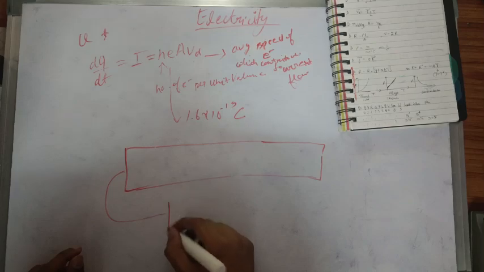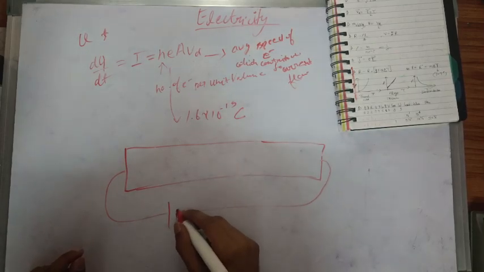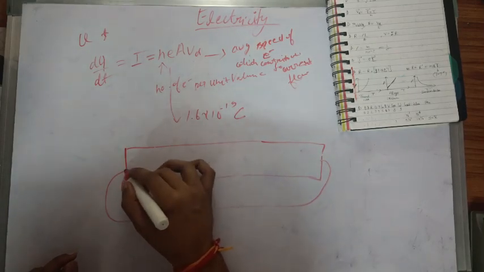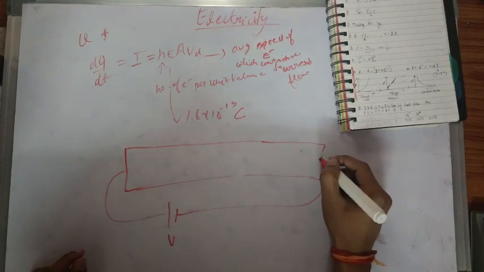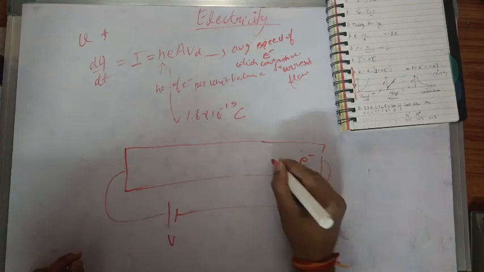Let's say there is a battery here provided with a potential V, and the electrons move in this direction, from negative to positive.